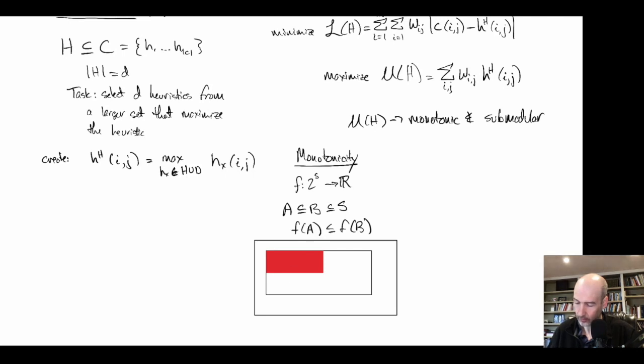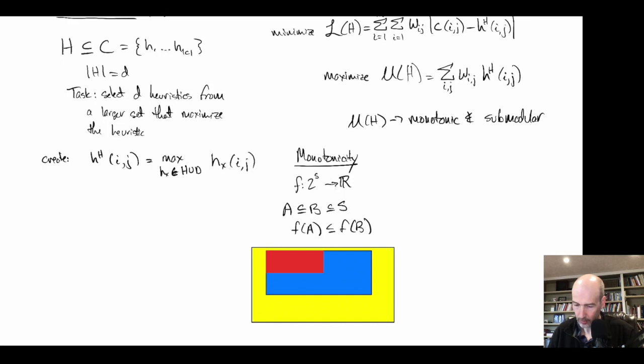We are going to have another set inside here, which I'm going to make green, or blue. And then we have the entire state space, which will make yellow. Just to label these, this is S, we have A, and we have B.